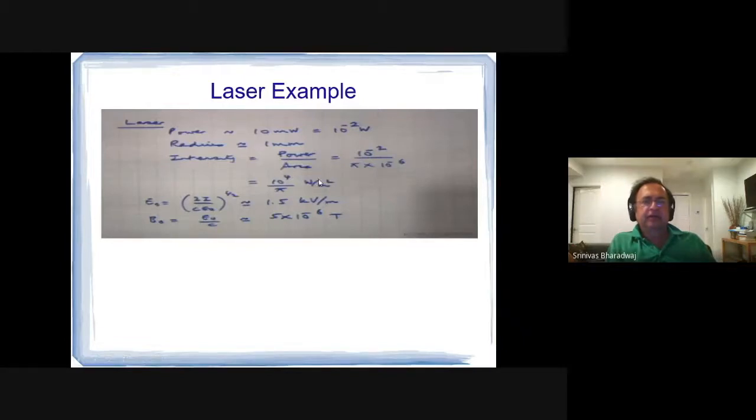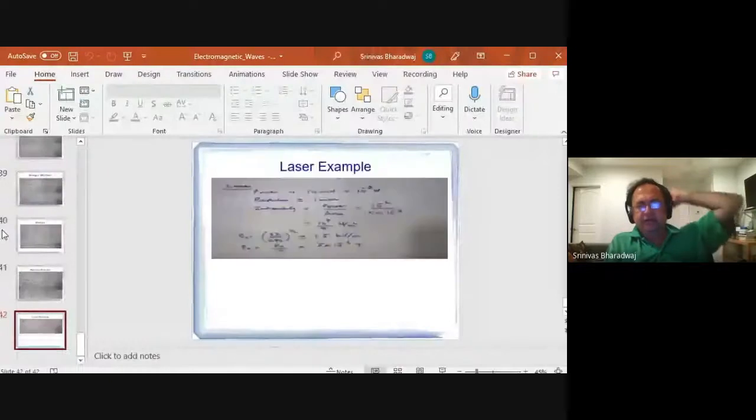So from that you get the intensity, and then you already calculated I, so (2I by c epsilon naught) to the power of half will give you the E, and therefore, from that you can always calculate the B. E by B for any electromagnetic wave is c.